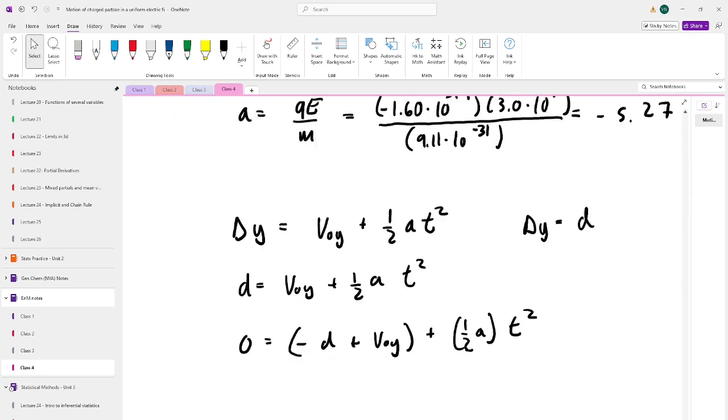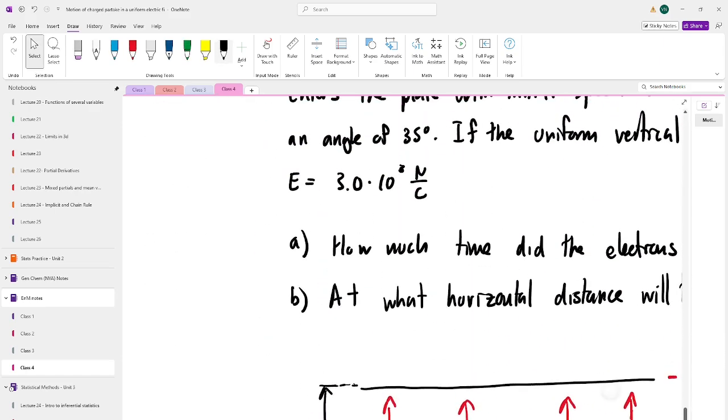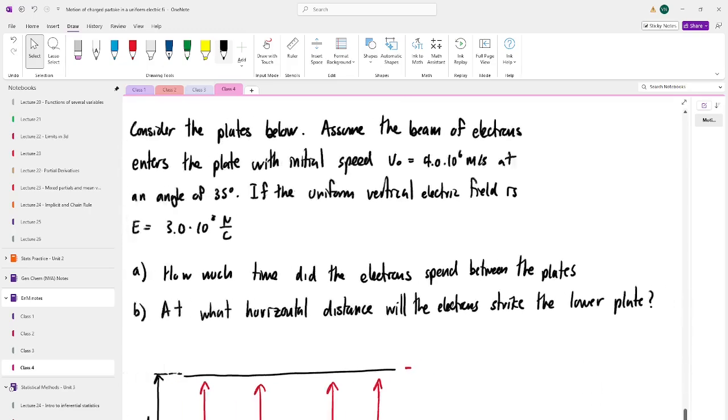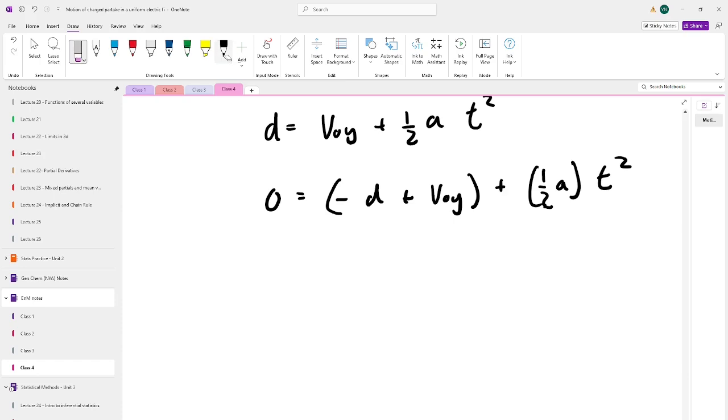Now, for question B, they're asking us at what horizontal distance will the electrons strike the plate? And again, it's really not that bad, because when they ask for horizontal things, it's easy because there's no acceleration. So we can just use our simple equation, which is delta x is equal to v0x, the speed which never changes in the x direction, multiplied by the time.